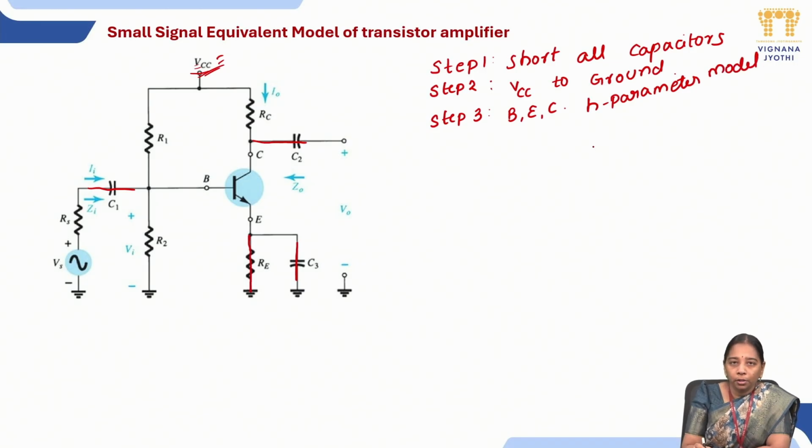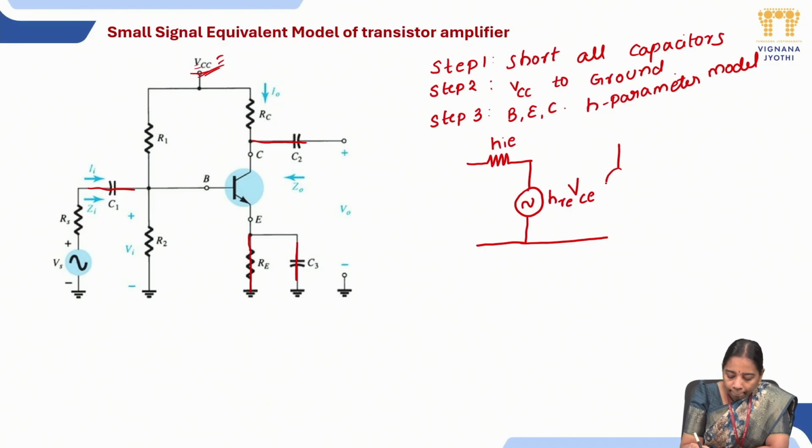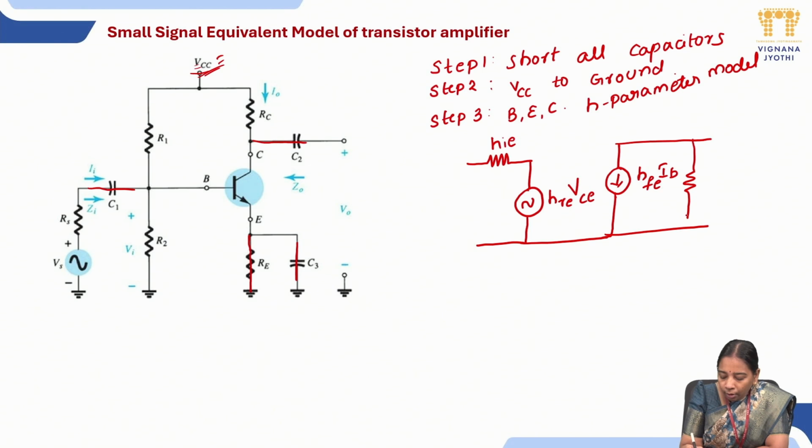Later on, we will go with all the connections we have with respect to base, emitter and collector. Coming with the first transistor, for the exact analysis, we will be having HIE, followed by this voltage source, HRE into VCE, followed by HFE IB, followed by 1 by HOE.